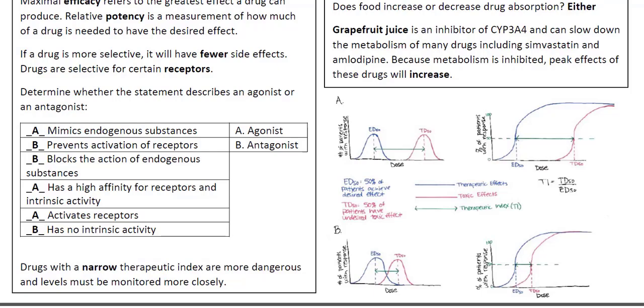Earlier we talked about the therapeutic range. A similar concept in pharmacodynamics is the therapeutic index. During clinical testing, the ED50 and the TD50 are determined. The ED50, or effective dose 50, is the dose where 50% of patients achieve the desired or therapeutic effect.